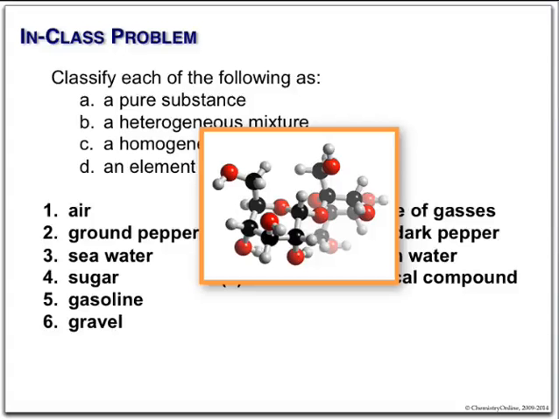The reds are oxygens, the blacks are carbons, these are hydrogens. Every molecule of sugar has this same structure. It has free rotation around all these bonds. It's a very dynamic molecule, they all are, but they will all have the same spatial arrangement on average.